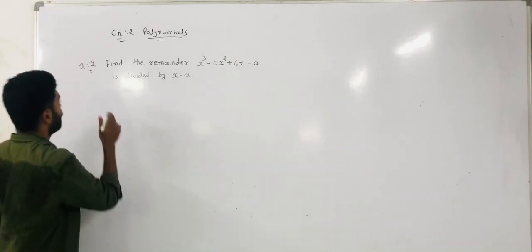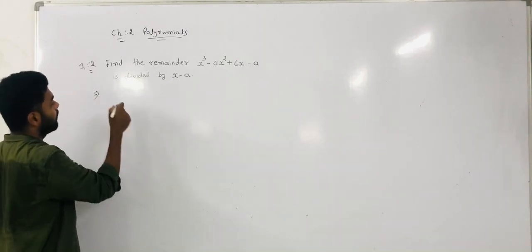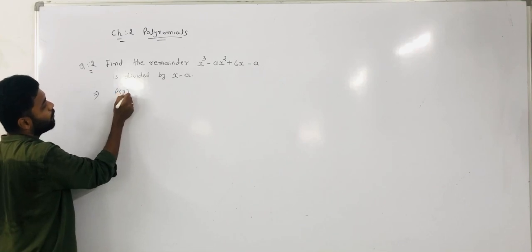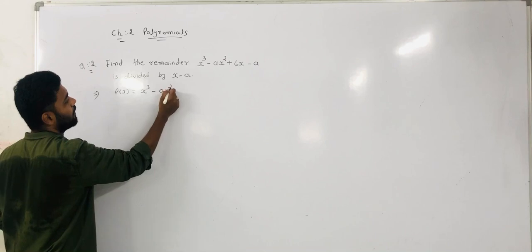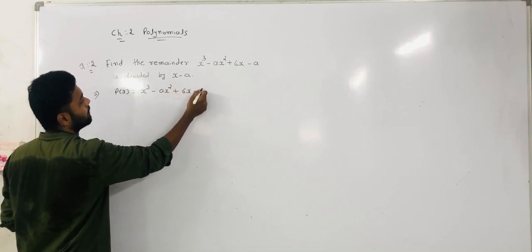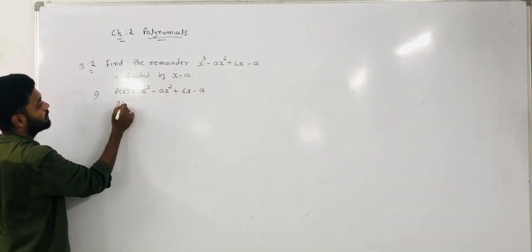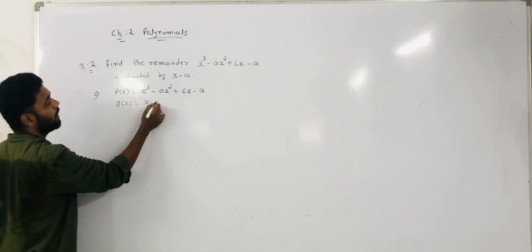Okay. Now your p of x, your dividend polynomial, is x cube minus ax square plus 6x minus a, and the divisor, that is d of x, is x minus a.